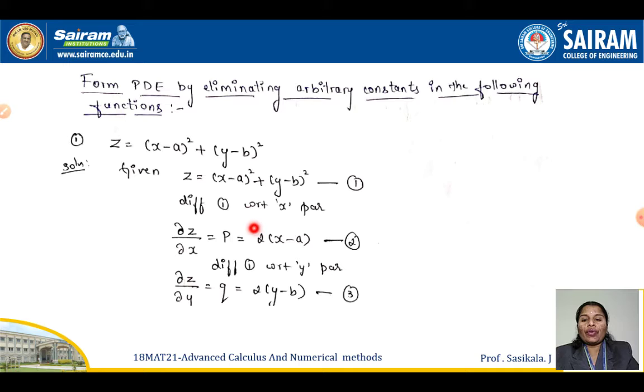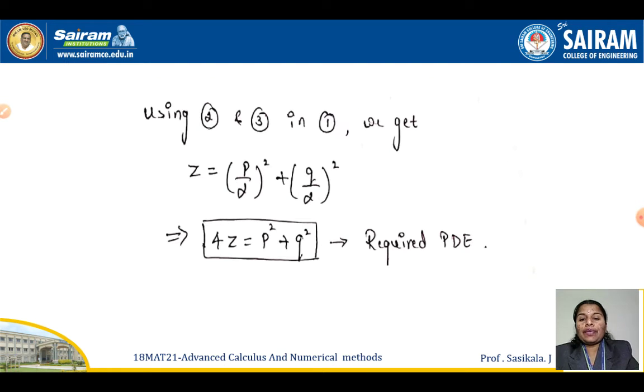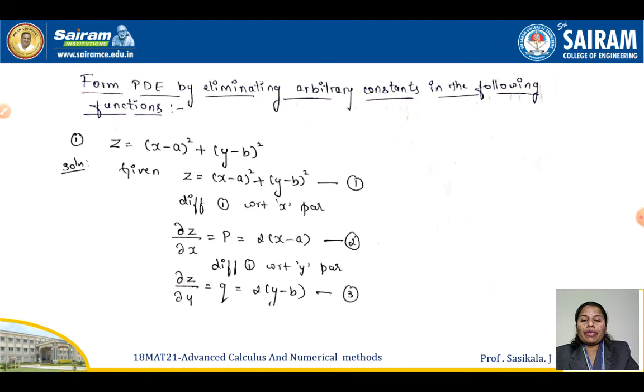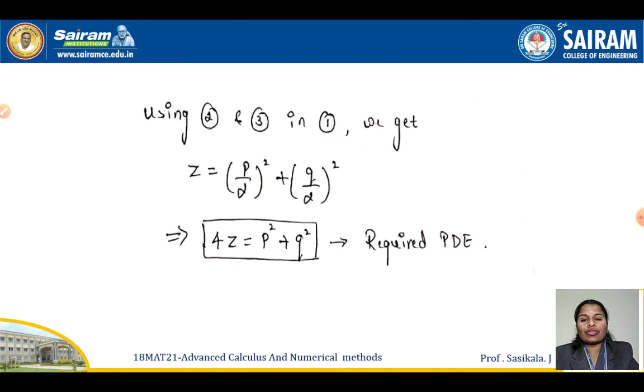Using equations 2 and 3 in equation number 1, x minus a the whole square is p by 2 the whole square, and similarly q by 2 the whole square. Taking the LCM, it is 4. So 4z is equal to (dou z by dou x) the whole square plus (dou z by dou y) the whole square. So you have reached here: a PDE without any constant.